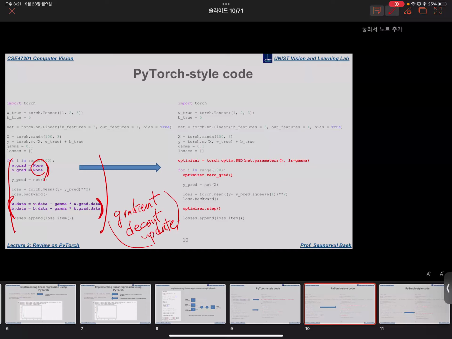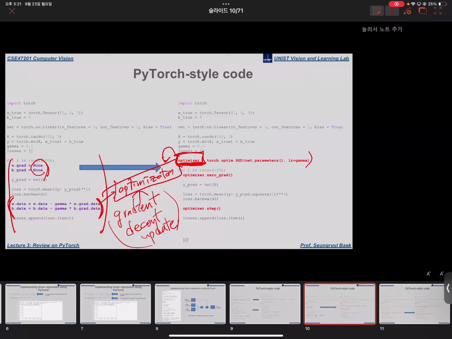Rather than that, this is more desirable: we explicitly define an optimizer. These kinds of things are called optimization algorithms. Gradient descent is an optimization algorithm. So we will explicitly make an optimizer that can lead this optimization step.